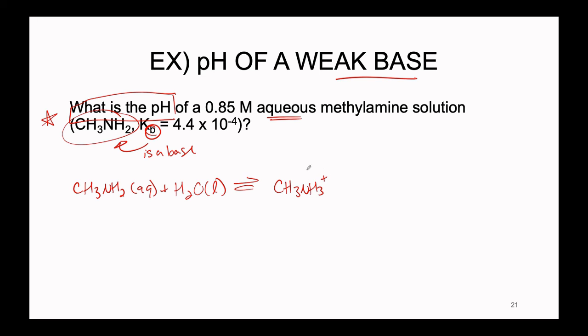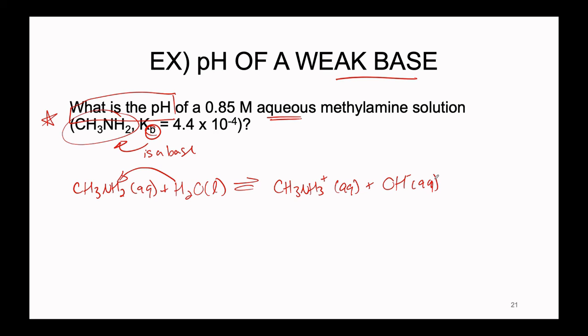The base now will have a plus sign associated with it since it has taken an H plus onto itself. This will be aqueous, and the remainder of the water as this hydrogen moves over is going to be an OH minus. And this will also be aqueous.